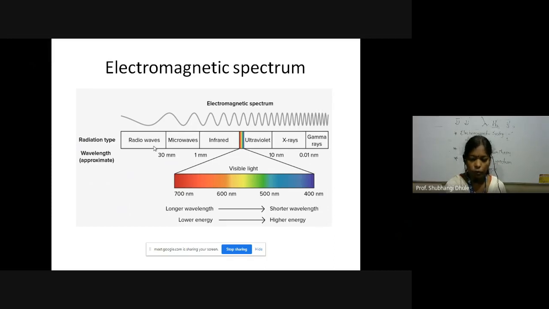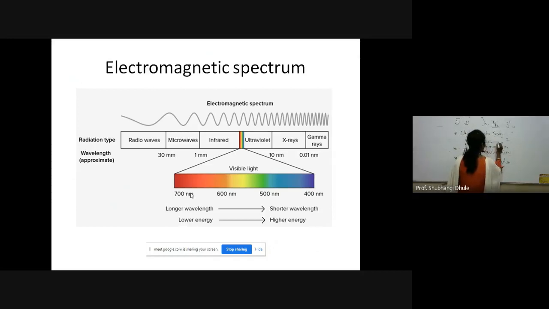I'm not talking about the wavelengths of all the radiations. We are concentrating here on the visible spectrum, or visible light, which we observe with the eyes. Its range starts from 700 nanometers. 1 nanometer is 10 raised to minus 9 meter.